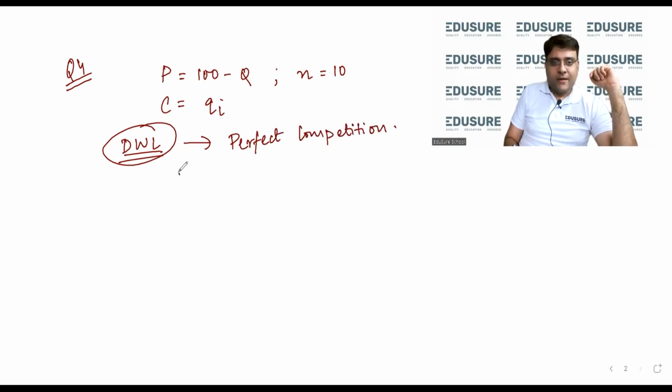P is equal to MC. MC is equal to 1, which is equal to P. So Q is equal to 100 minus 1, which is equal to 99.